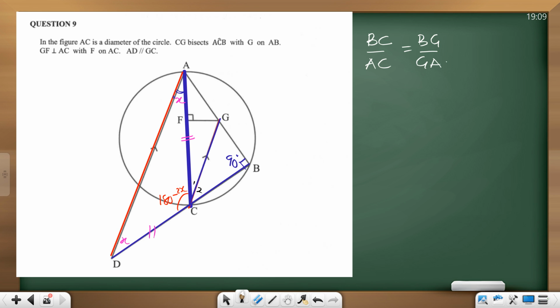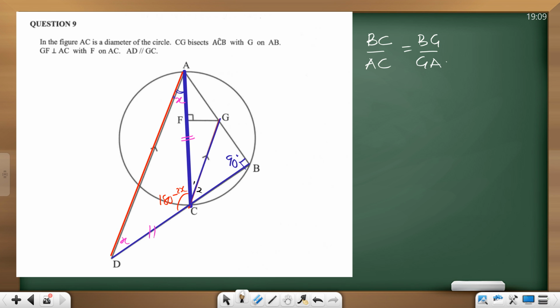Want to try quickly? Let's think. BC, go and trace those lines. BC over AC equals BG over GA. No, okay, there isn't a smaller triangle.